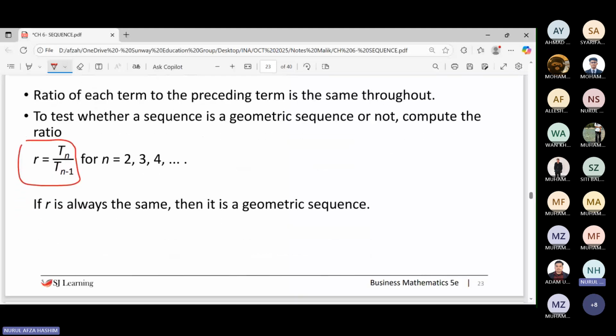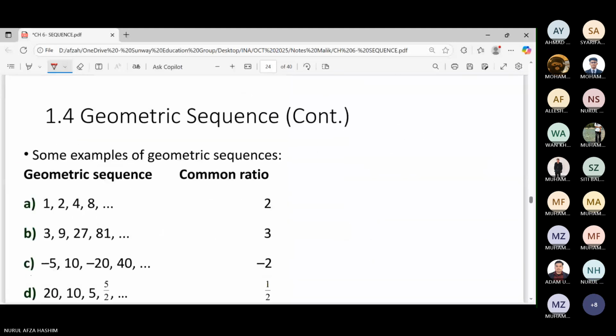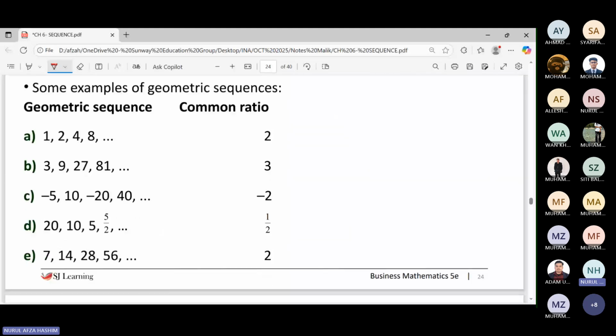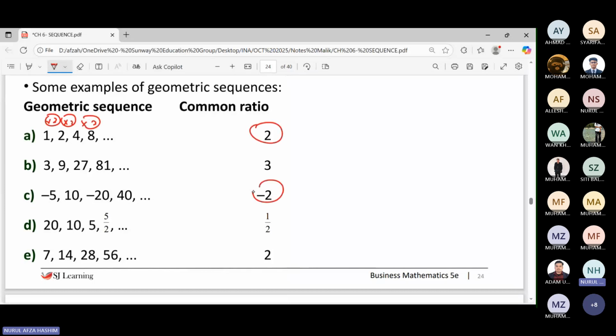So that's a geometric sequence. If you look at this example, 1 times 2, you get 2, 2 times 2, you get 4, 4 times 2, you get 8. So you can see that the ratio here is 2. The ratio can be positive, can be negative, can also be a fraction. A negative fraction is also fine.